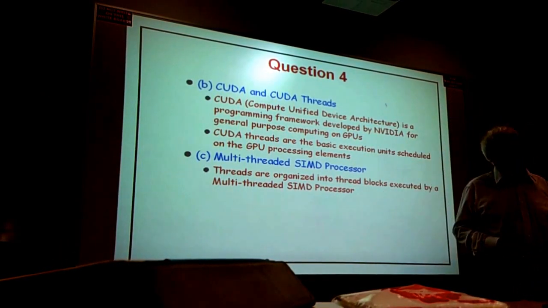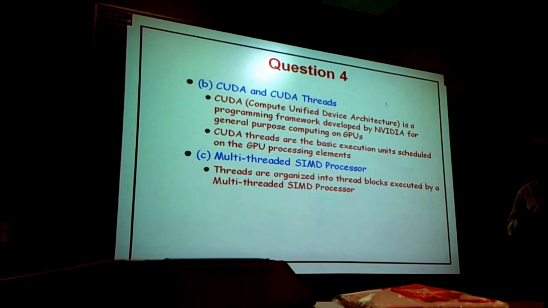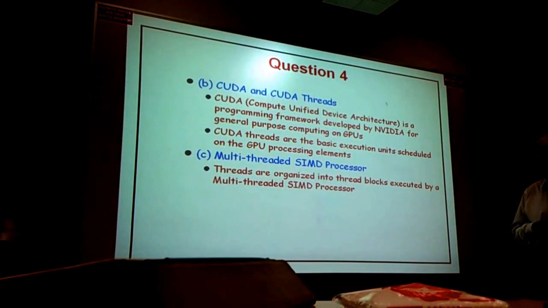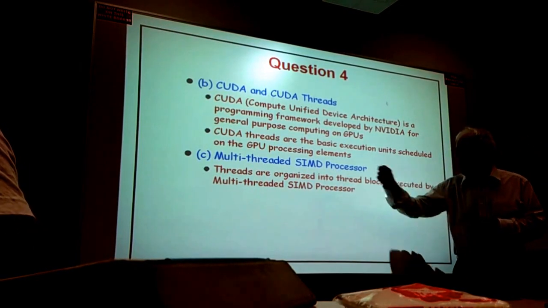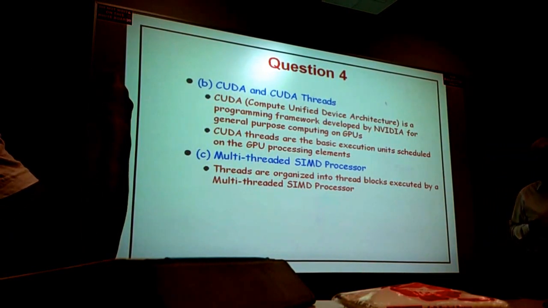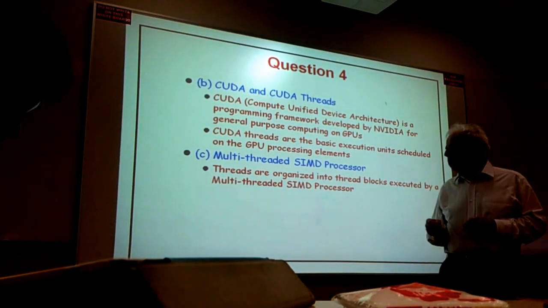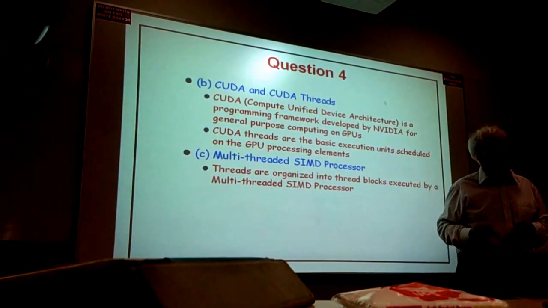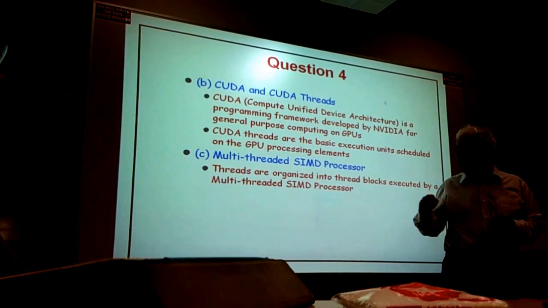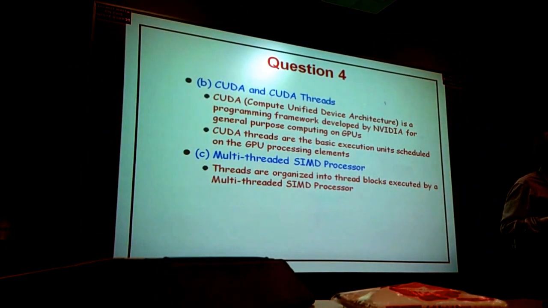But although this is multi-threaded, the programming model is still a SIMD model because you can think of it as being a multi-threaded SIMD processor where these threads are organized into thread blocks. But the way these thread blocks are executed is that we have a single stream of instructions. So each thread in the thread block is executing the same stream of instructions, but on different data.